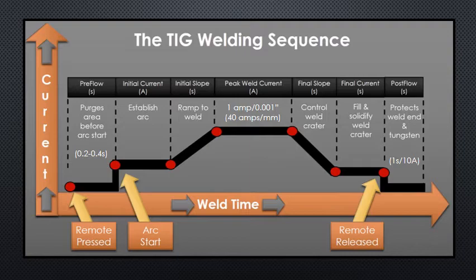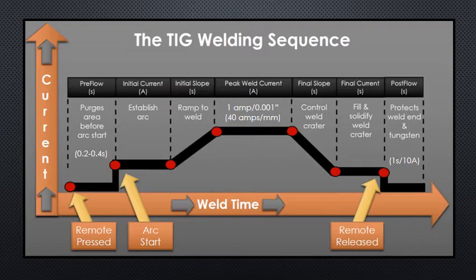In terms of millimeters, we basically would need about 40 amps per millimeter. And I believe 1/8 of an inch is 3.2 millimeters. So we would probably be again in that 120 to 125 amp range.